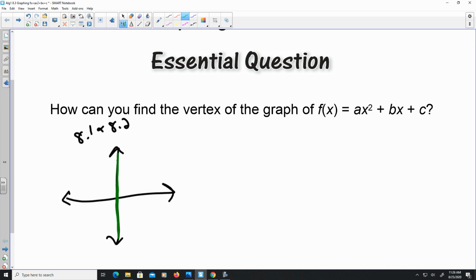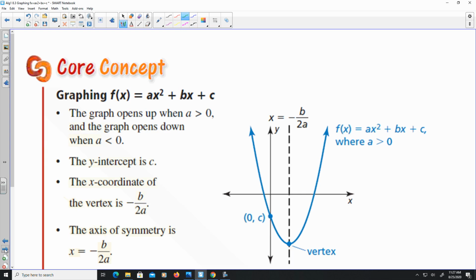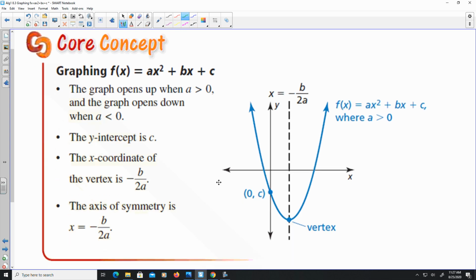But now that we have incorporated this term bx, it changes the vertex, especially when b is something other than 0. So what we have to do now is use a formula.